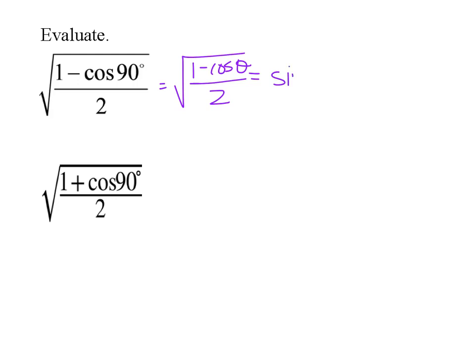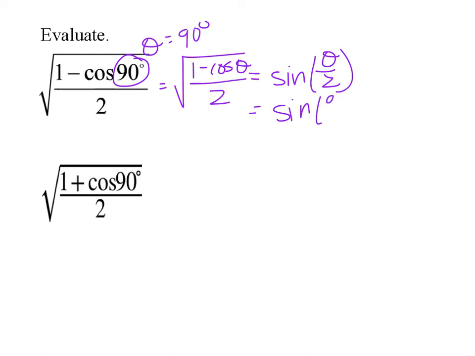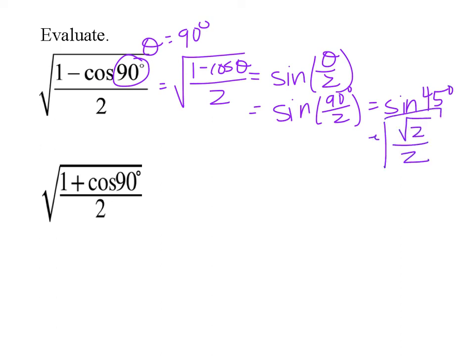So this is equal to sine of theta over 2. And our theta value is 90 degrees. So this is sine of 90 degrees over 2. So sine of 45 degrees. And using our unit circle, we should get sine of 45 degrees is root 2 over 2.